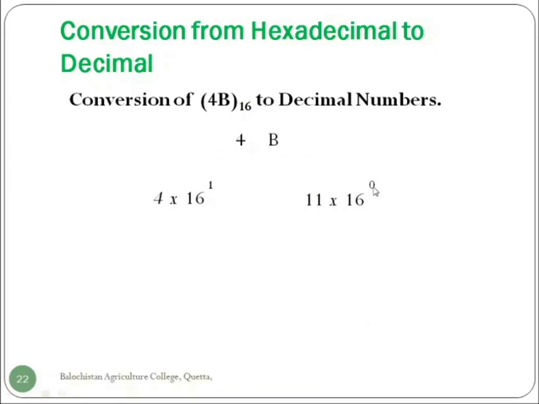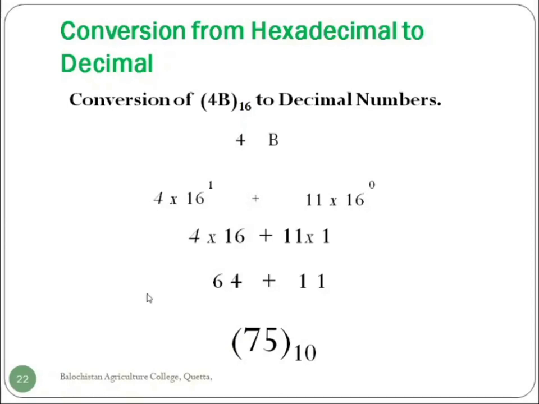So 16 raised to the power 0, 16 raised to the power 1. The third and the final step is to add both these values together. 11 multiplied by 1. We know that any number whose power is 0 will be equal to 1. So 11 multiplied by 1 plus 16 multiplied by 4. After calculating these numbers, 64 plus 11, and the answer is 75, and putting 10 in its base.